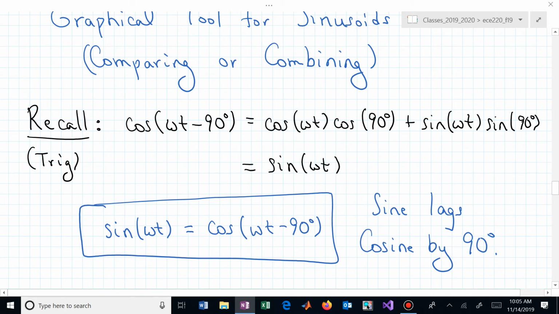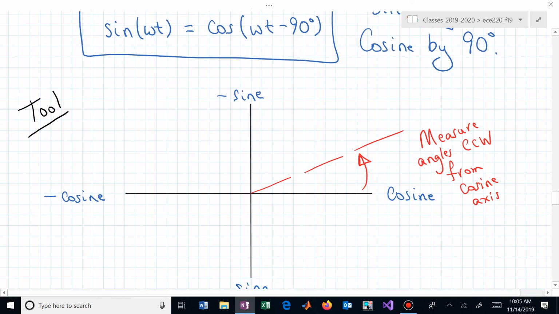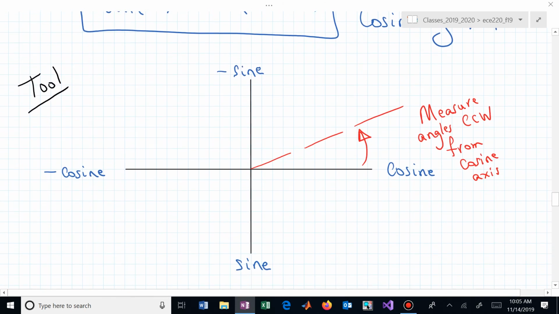Well, if that's the case, let me just draw a two-dimensional plot. And let me say that anytime I have a cosine waveform, I'm going to plot it with respect to the horizontal axis. Positive amplitudes are going to go to the right. If I have a cosine that's negative in amplitude, it's going to go to the left.